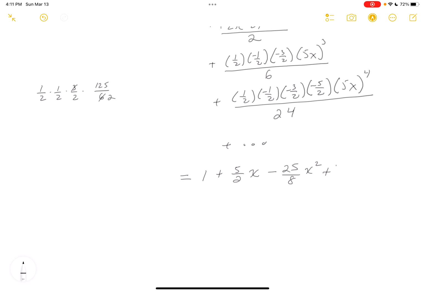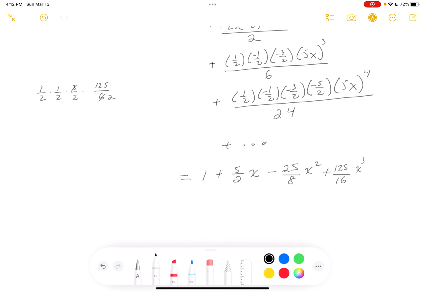So you get 125, and the bottom is going to be 16 now. And then you get x cubed. That term is done, but we'll check with the key. I can't say I'm right until I check it with the key. And by the way, you're saying you're checking with your key. You're right. I might have made a mistake, and I'm just matching my nonsense. Hopefully not, though. So let's get my eraser out.